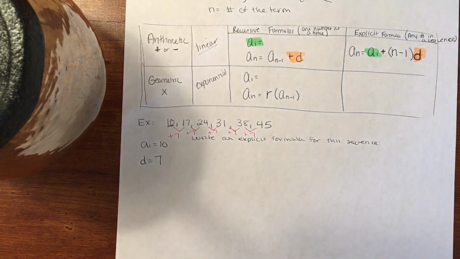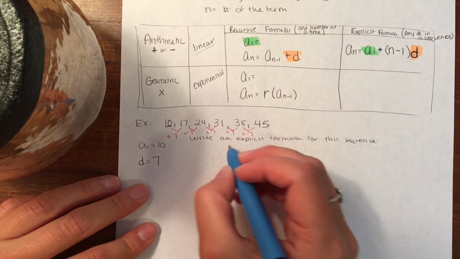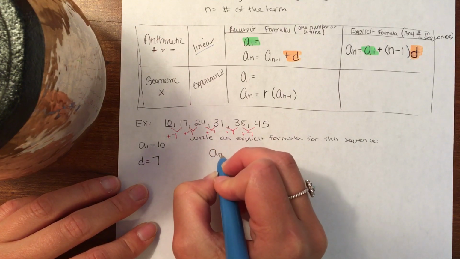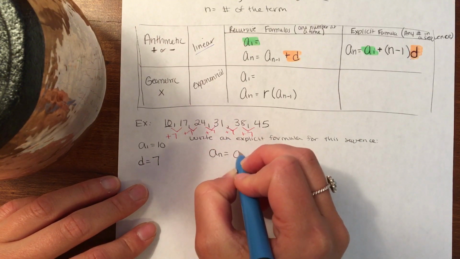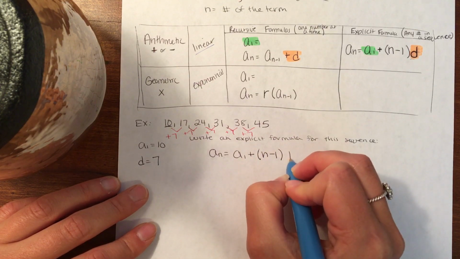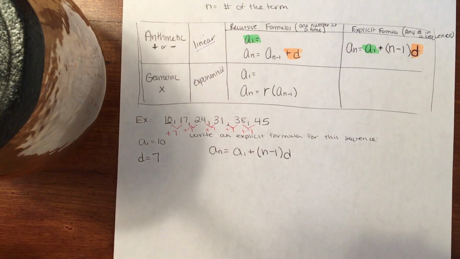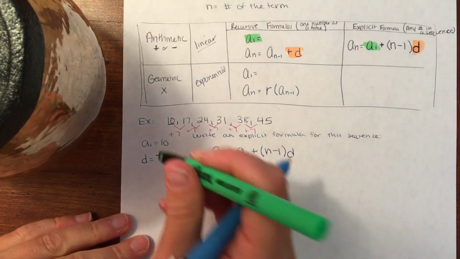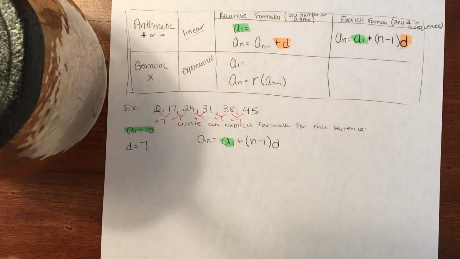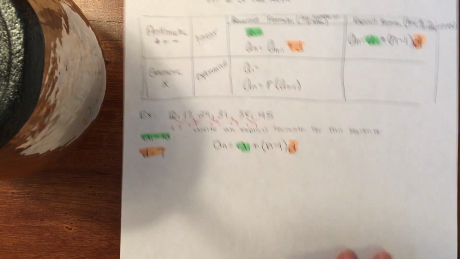All right, so I'm using this formula and plugging these numbers in. Let's write the formula out because it's always good practice when we learn something. A of n equals A1 plus parentheses n minus 1, close parentheses, times D. Okay? And now I'm just going to go ahead and plug in my A1 in for A1 and my common difference of 7 in for my D. All right.